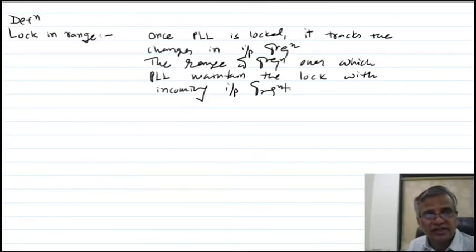The locking range is always represented as a percentage of the free running multivibrator frequency FO. The second definition is capture range.